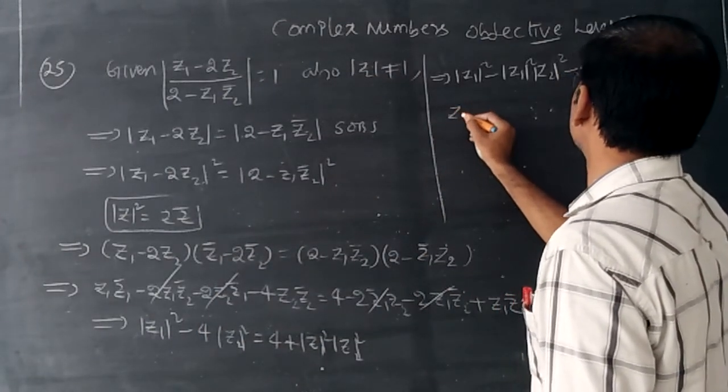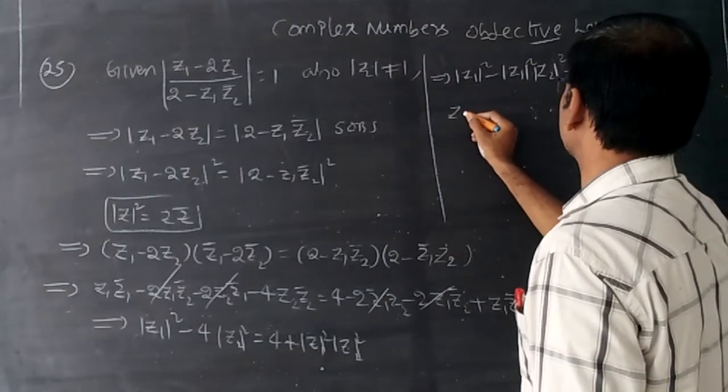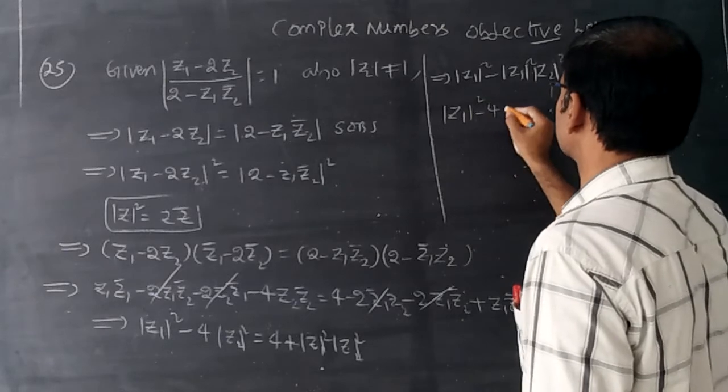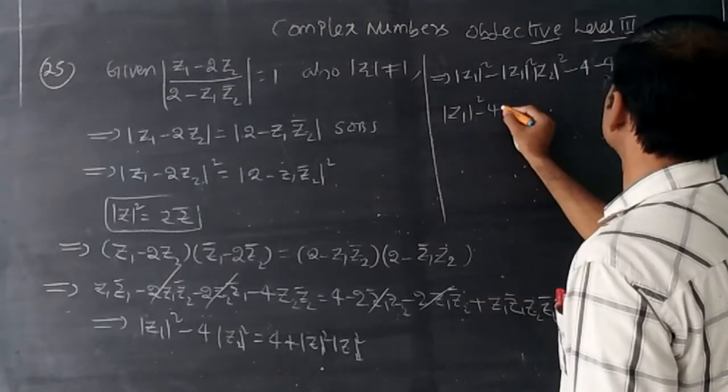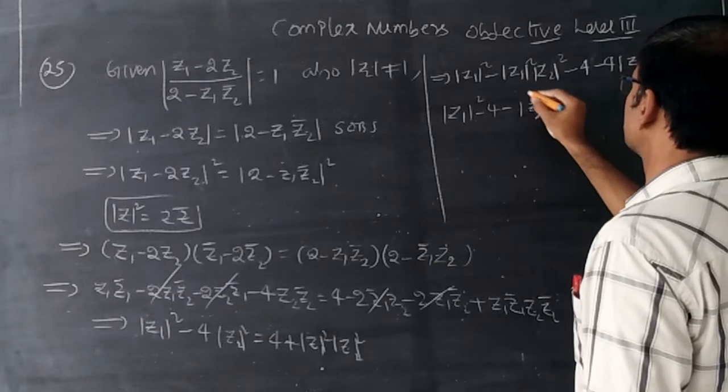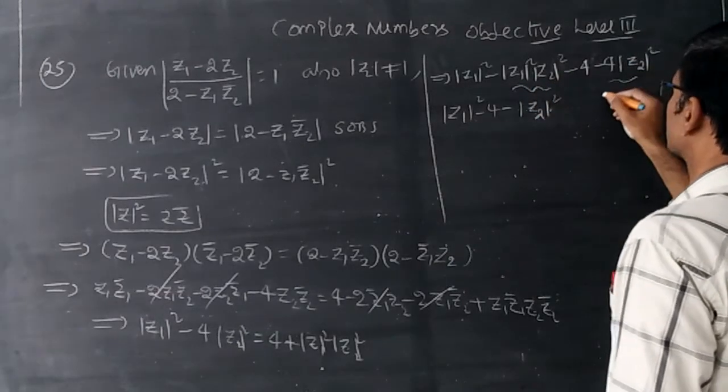Modulus of z1 square minus 4, like this, minus modulus of z2 square taken common.